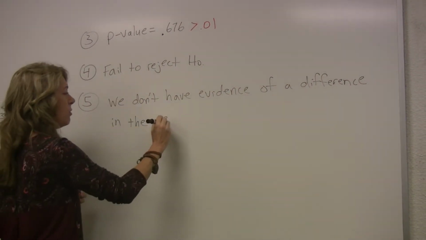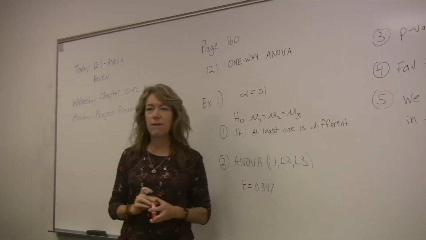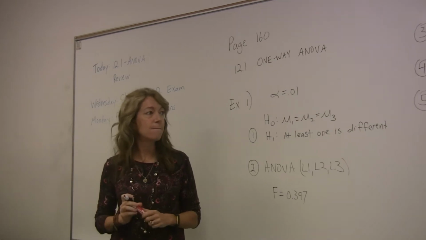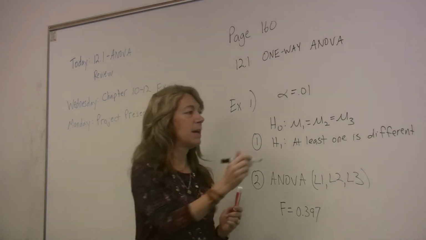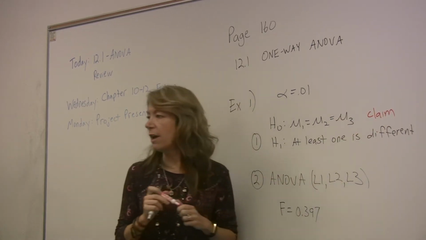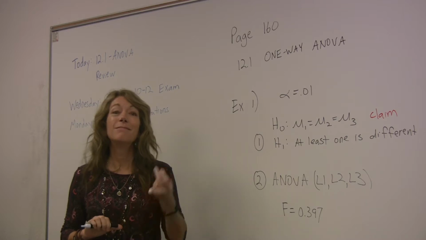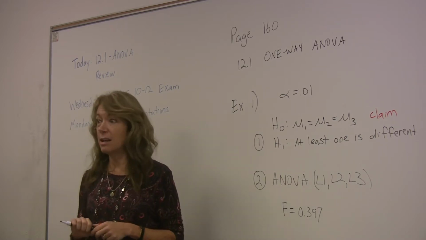What would be the more formal conclusion? Following our process that we've had ever since the beginning of chapter 8, if this was my claim, and we failed to reject it, there's not sufficient evidence to warrant rejection. We don't have evidence to reject the claim that they're all equal.